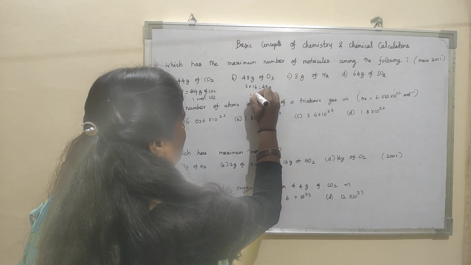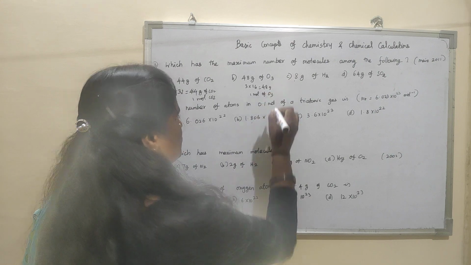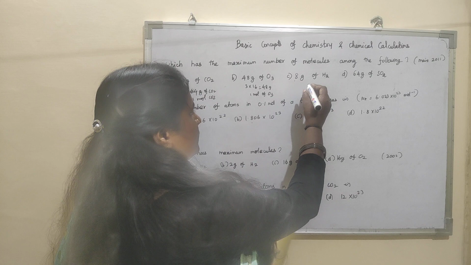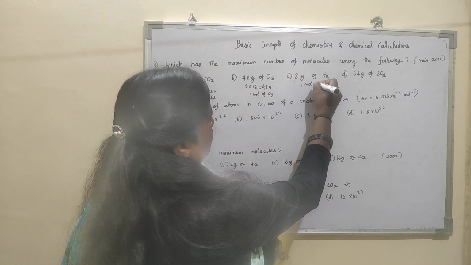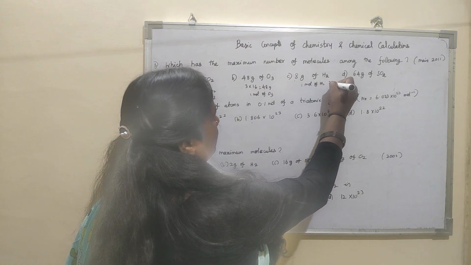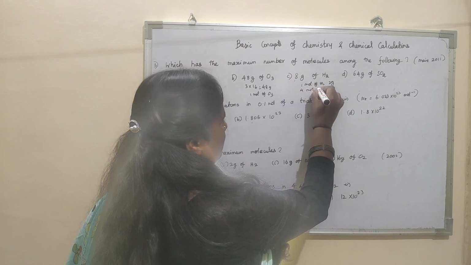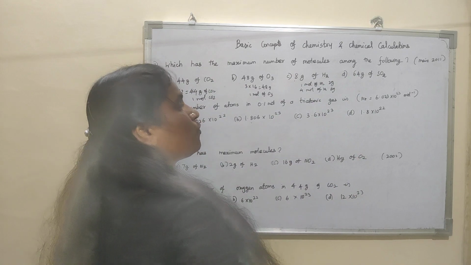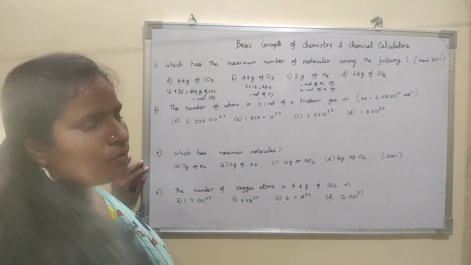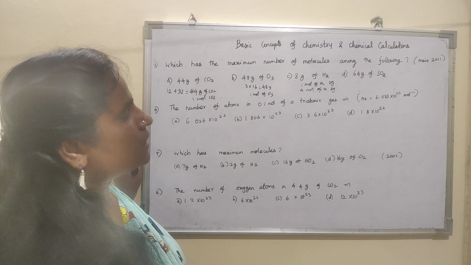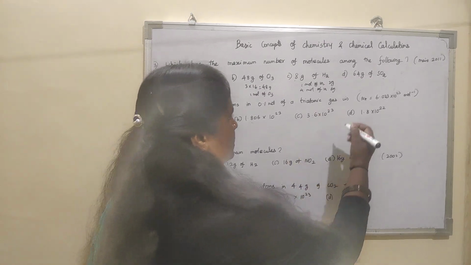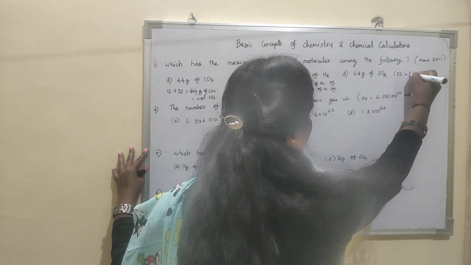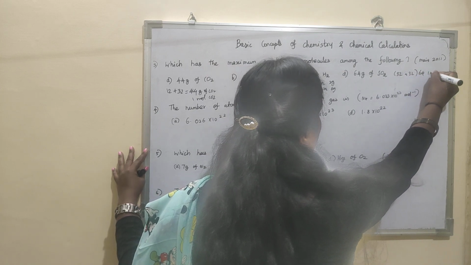Again here also it is 1 mole of ozone, so it also contains the Avogadro number of molecules. 1 mole of hydrogen is 2 gram, so 8 gram of H2 is 4 moles. Then 8 gram of H2 contains 4 into 6.023 into 10 to the power 23 molecules. Here, 64: sulfur is 32, 2 oxygens are 32, so totally 64. Again this is 1 mole.